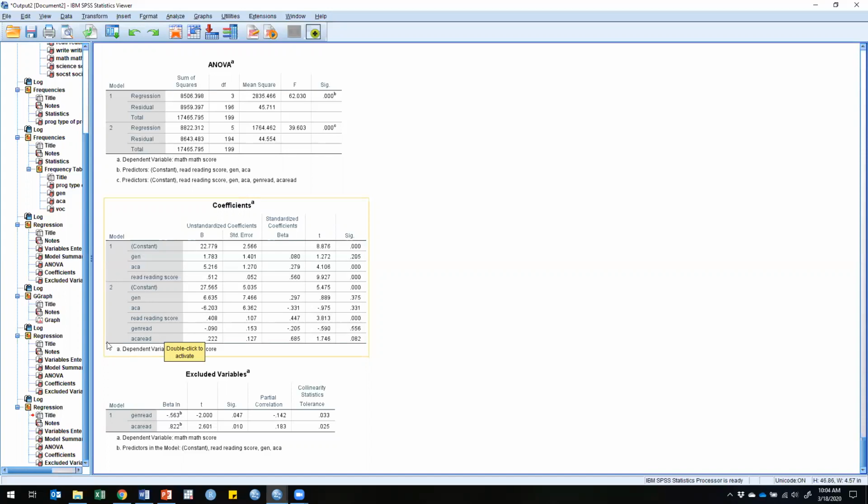So what we're doing here, you could think of this model as very similar to what an analysis of covariance would be. We have a continuous dependent variable. Our main independent variable of interest was the type of academic program, and our reading score is the covariate.